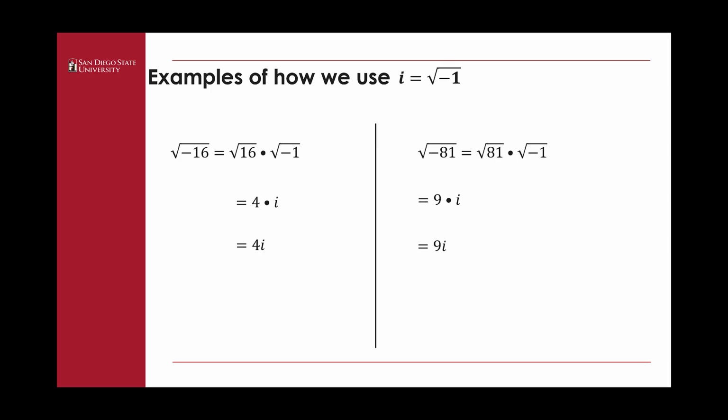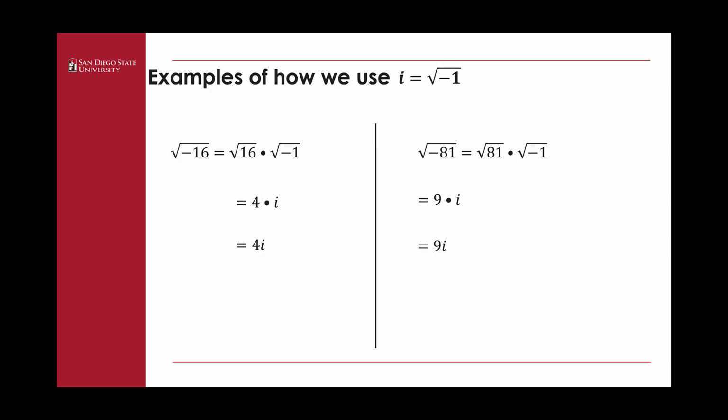Let's look at the left part. The square root of -16 can be written as the square root of 16 times the square root of -1. So we can somehow factor this number. And as we already know, the square root of 16 is 4 and the square root of -1 is, as defined right now, i. So the result is 4i.